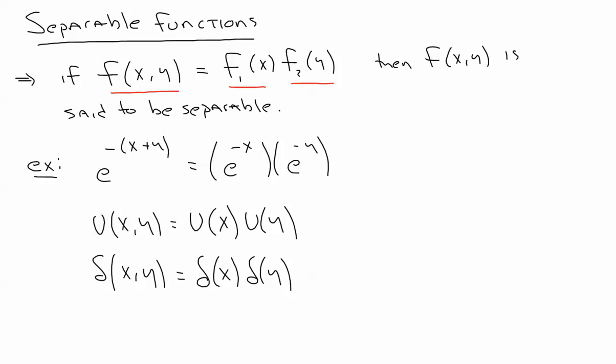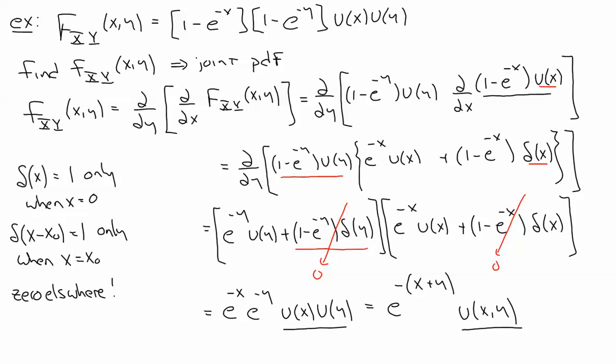Let's go back to that for just a second. This is my joint probability density function, a joint exponential probability density function, and it might look something like this.